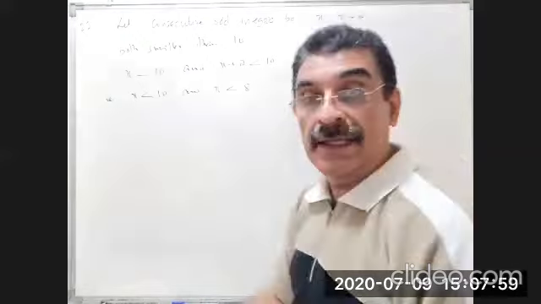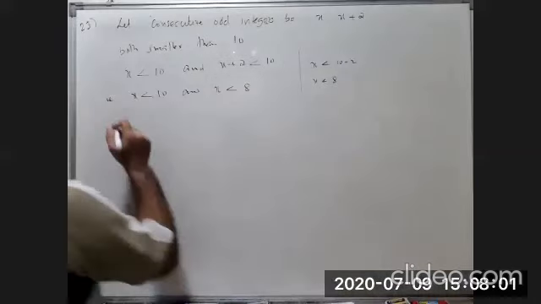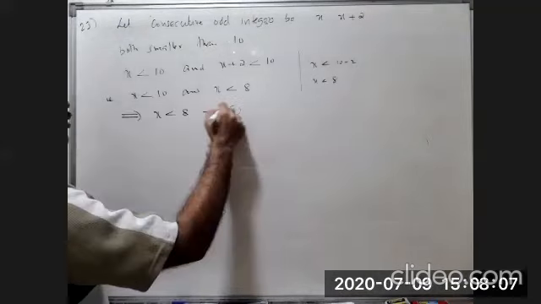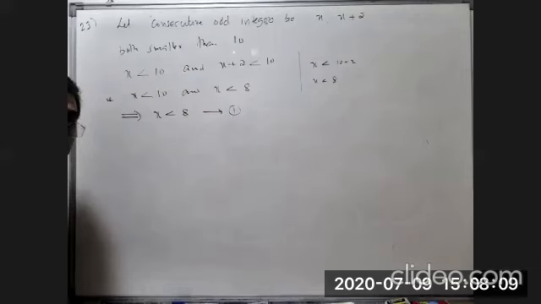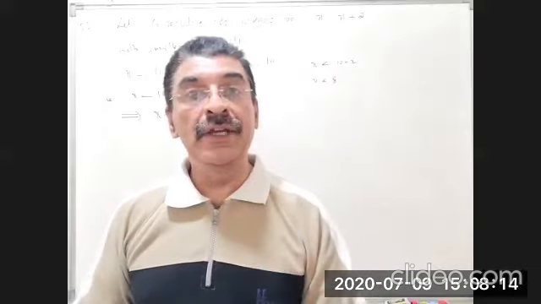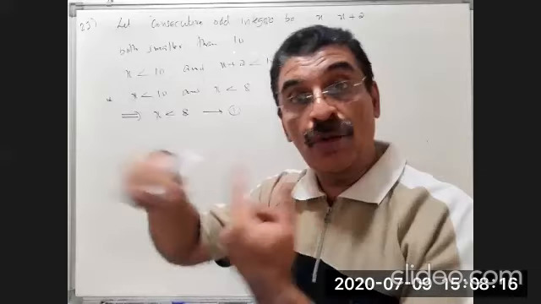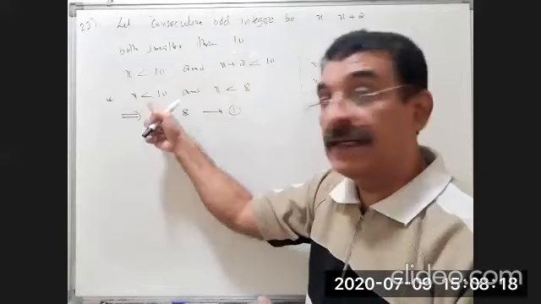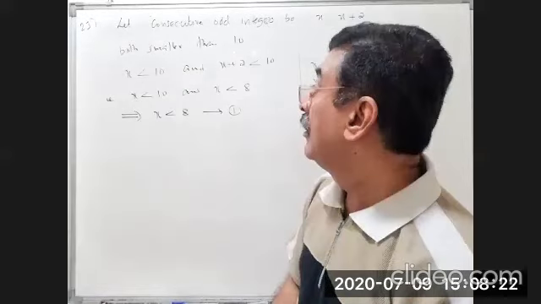If x is less than 10 and less than 8, that means we need to take x less than 8 for equation number 1. Why? Because those less than 8 will definitely be less than 10. Think the opposite way: those less than 10 may not be less than 8.